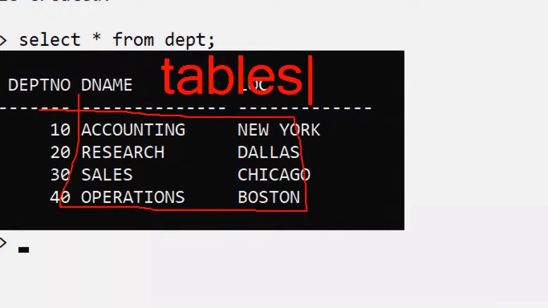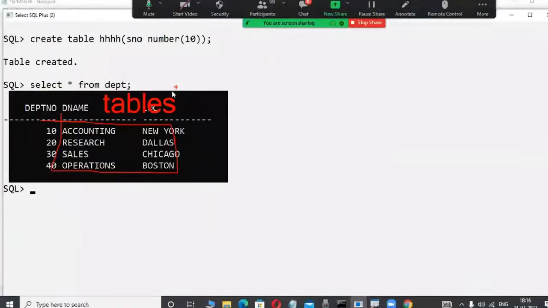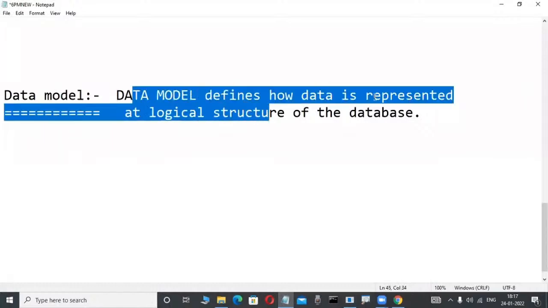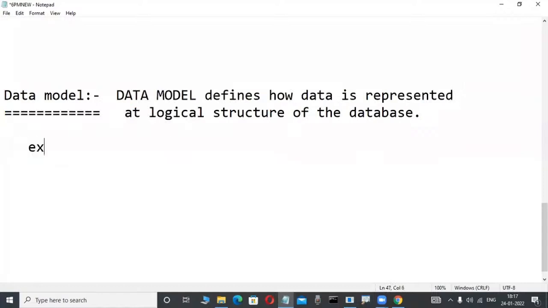Hierarchical data model, network data model, and some other data models existed, with IMS and IDMS software in those days. But nowadays, a data model defines how data is represented at the logical structure of the database.